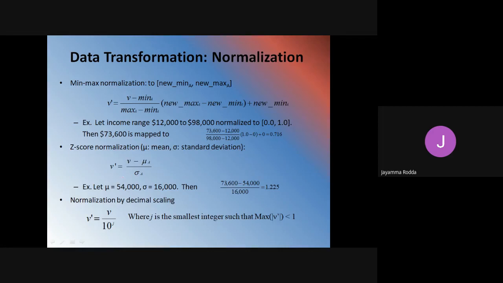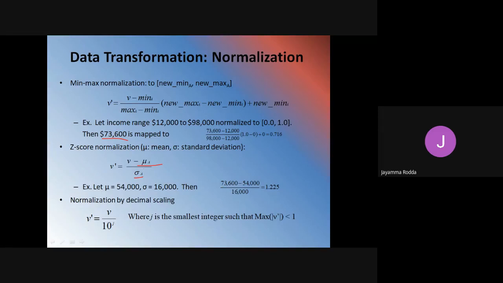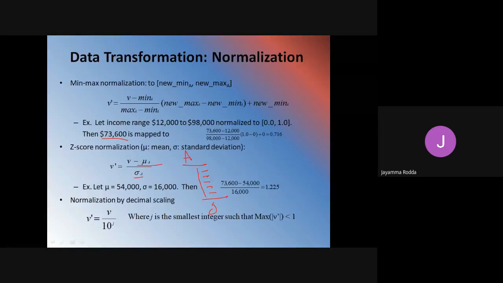As you all know, mu is the mean, whereas sigma is the standard deviation. So V is 73,600, and mu is the mean value of the incomes that have been collected for the particular attribute. There is a list of attribute values, and for this list the mean is identified to be 54,000.